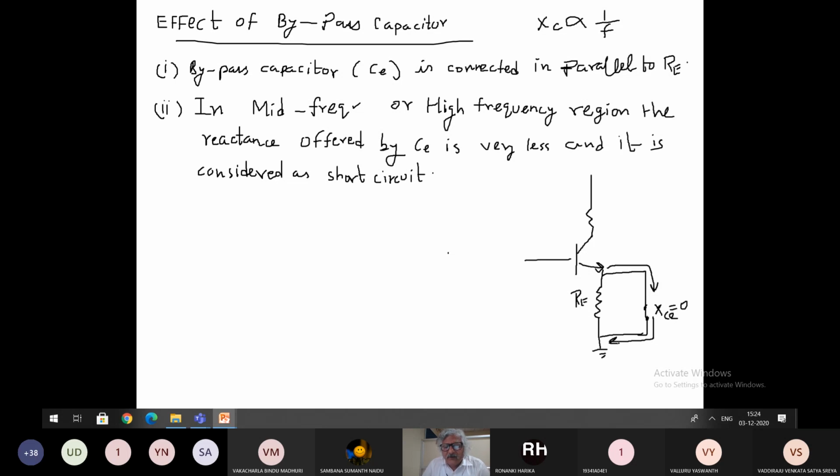If there is no voltage drop, then whatever you are taking as the output, V out, you will get the whole voltage at the output.